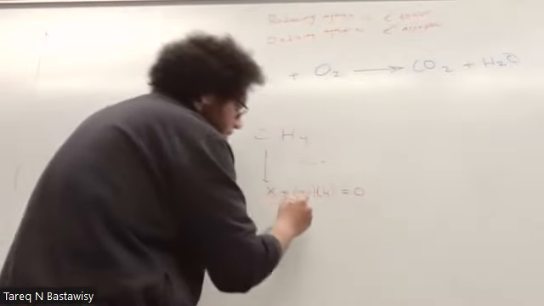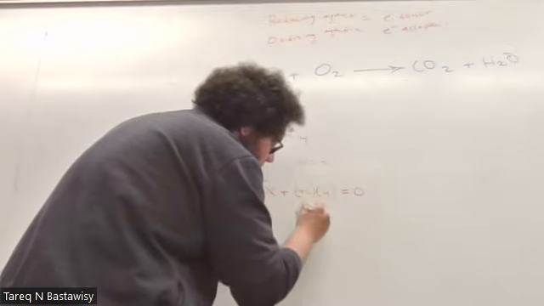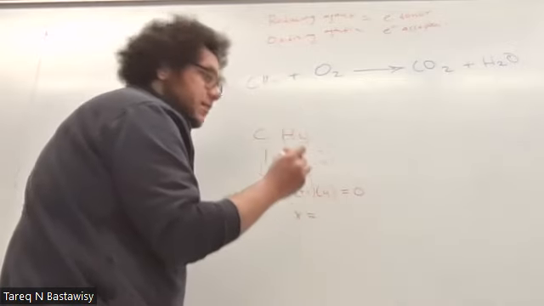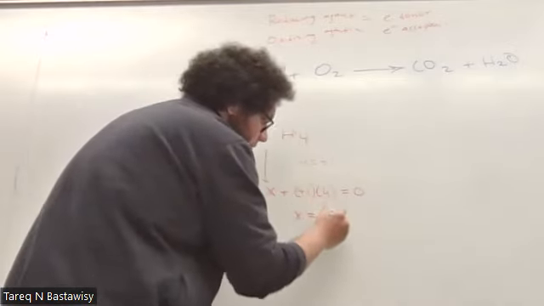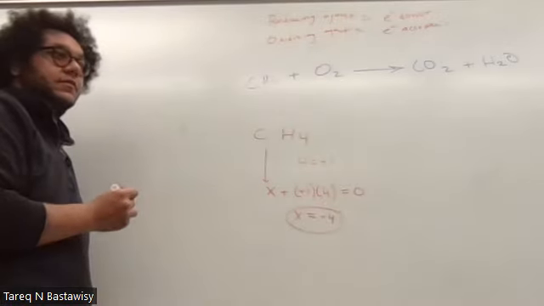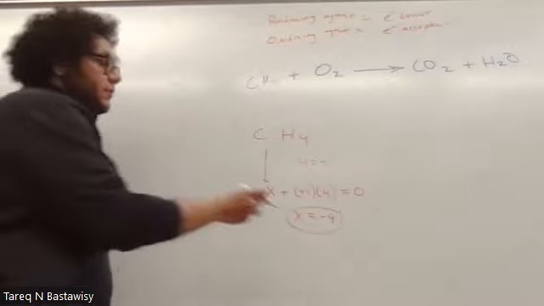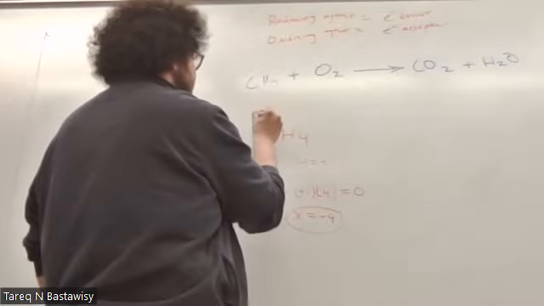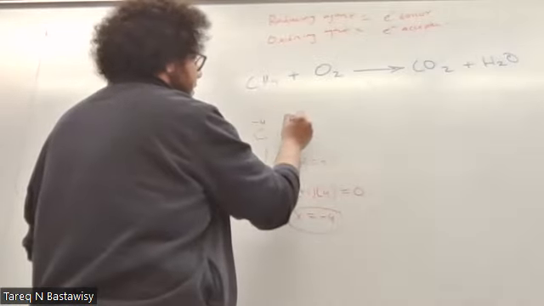So if you solve for X, the oxidation number of carbon, it becomes -4. That's how we define the oxidation number of carbon. It's -4 here, and hydrogen is +4.